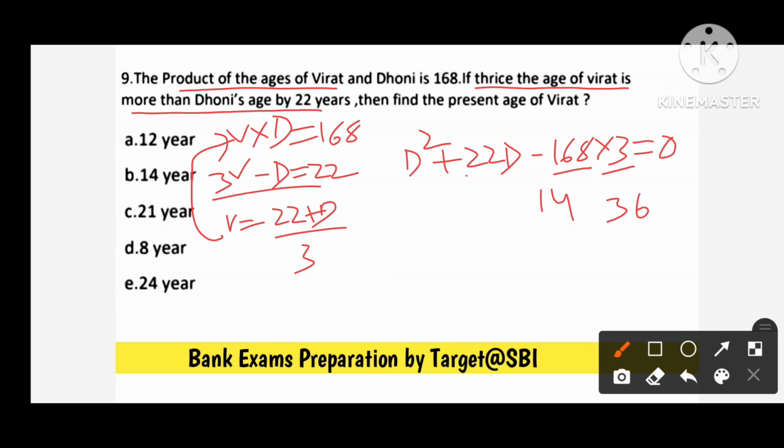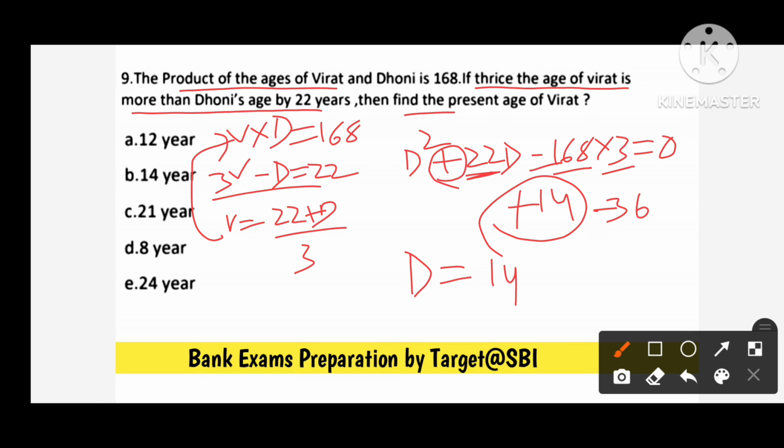So we get 22, and plus and minus means the root signs will be negative and positive. Negative is given to the bigger value and positive to the smaller one. So we got the roots 14 and minus 36. Here the ages will be positive only, so we take D value 14 as the age.